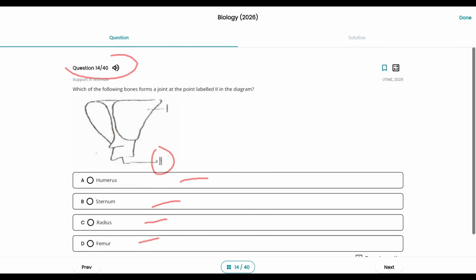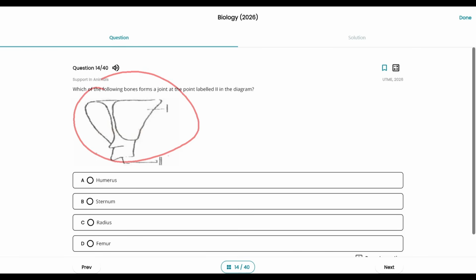Alright, let's begin. Now, don't rush into options. What you have to do is first identify the diagram. You look at the diagram, what does this diagram represent?